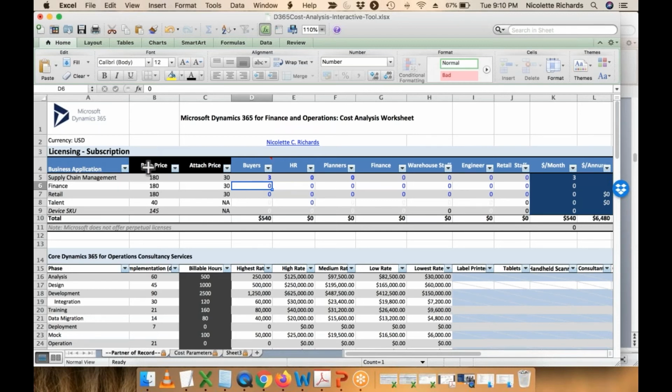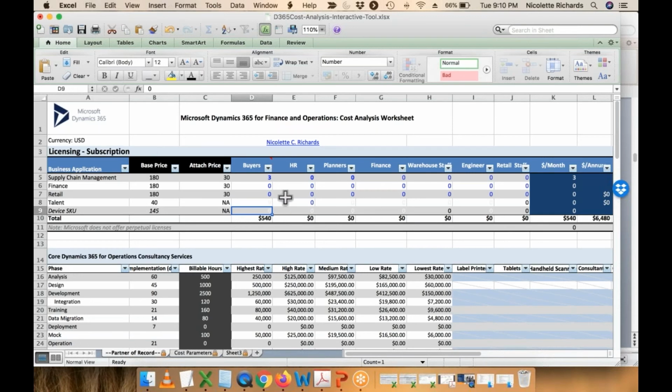Now we have our financial team. Let's say we've got a finance group of 10 finance people, right? They need those 10 base licenses at 180. Now, if finance decides that they want to also have the supply chain management features, then they would need to get 10, right?